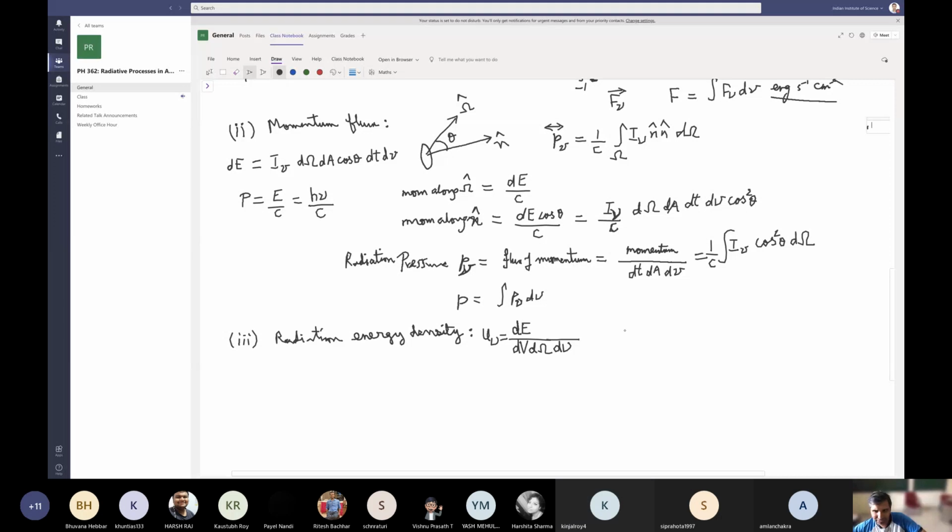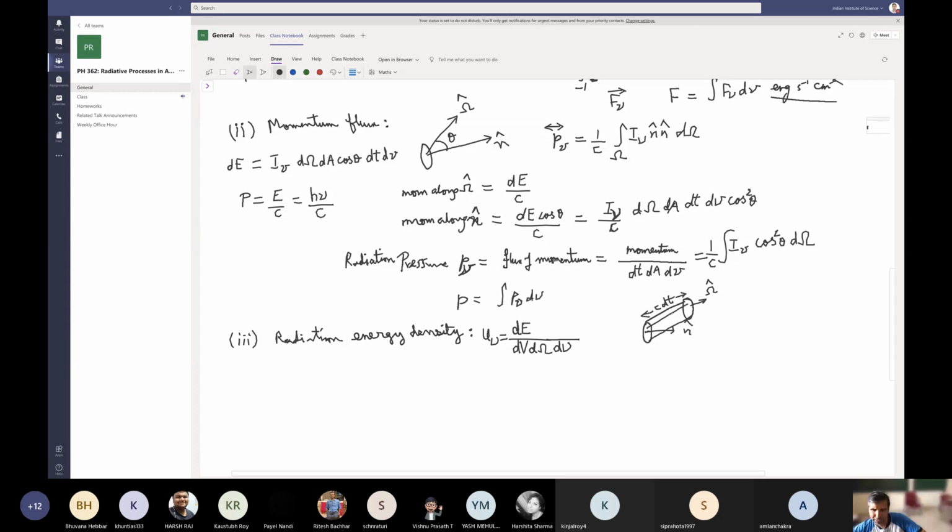So basically, if you consider some area, and this is again your n hat, and you consider some photons going along some direction theta with respect to it, all these photons in time dt will move along direction omega hat. This is omega hat, right? So in time dt, this is the path length of photons, c times dt.